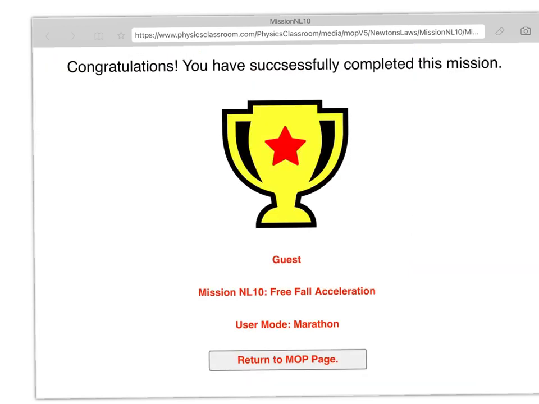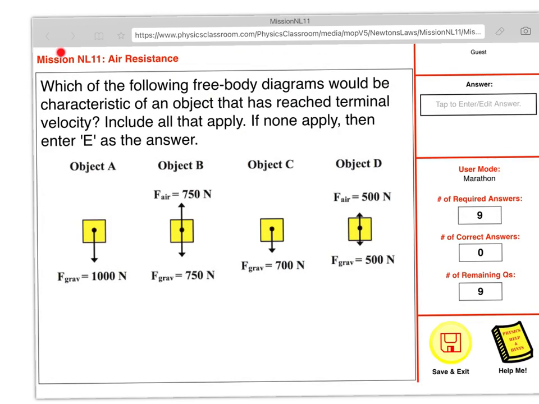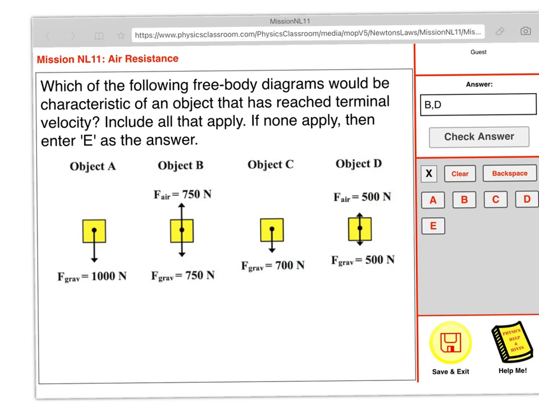Okay, next mission. Now we're going to allow for air resistance and look at problems where air resistance is a factor. So answer the question. Since the object is in terminal velocity, that means constant velocity, that means no acceleration. The two forces have to be equal and opposite.